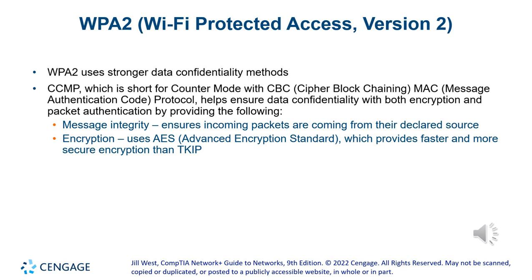Now for the message integrity, what it does is it identifies your sender, so it knows if the communication is coming from the right device. If it doesn't have the right signature, they will ignore the communication, and they will do the AES, the Advanced Encryption Standard, which comes together with the TKIP, to create encryption on the communication.